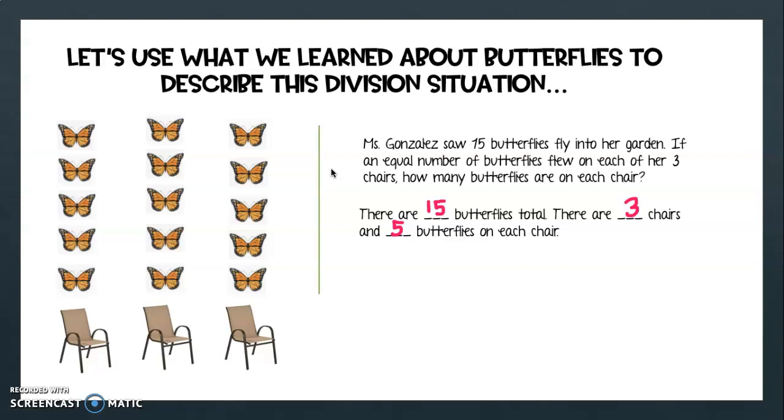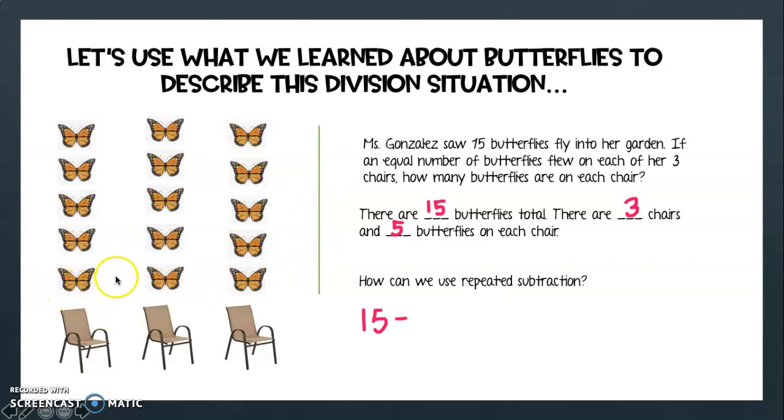Now remember that division is also repeated subtraction. So how can we use repeated subtraction in order to find the answer to our question? I started with 15 butterflies. But each time butterflies flew in, I subtracted them from my total.